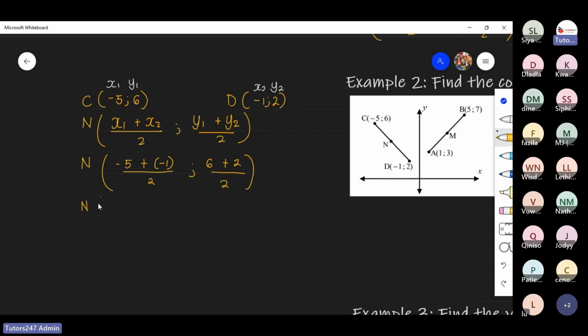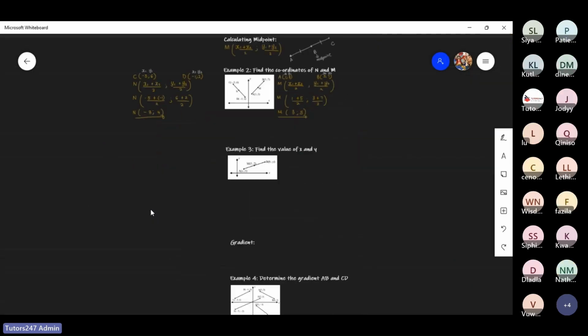So I can put this into my calculator. So first we open up our fraction. -5 minus 1. In the denominator position, I put 2. That gives me -3. Now, let's have a look at the y area. So I'm going to have 6 plus 2. In my denominator position, I have 2. That gives me 4. And that is the midpoint coordinate.